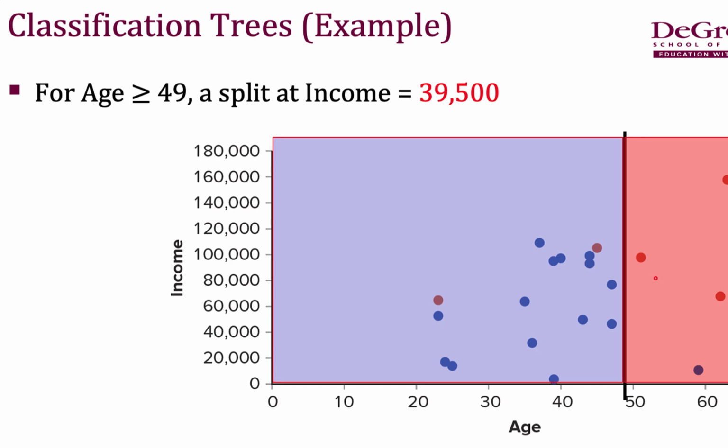Focusing on the region for ages above 49 years old, I want to split that region based on either income or age, and also by defining a proper threshold. What should we do? Remember that we want to minimize impurity. We want the resulting regions to be as pure as possible.